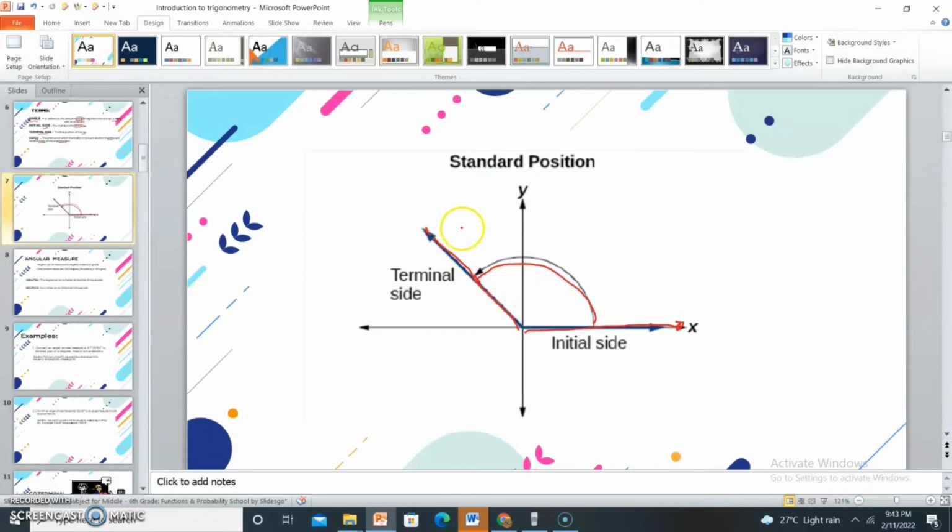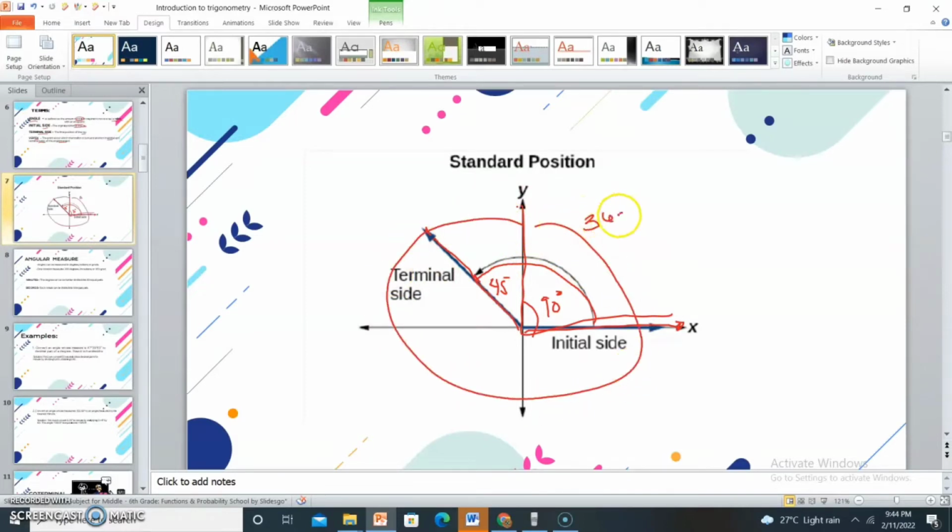The angle is a right angle measuring 90 degrees, and another 45 degrees is added from the initial to the terminal side. The rotation of this is 360 degrees. That is the standard position along the x and y axis.